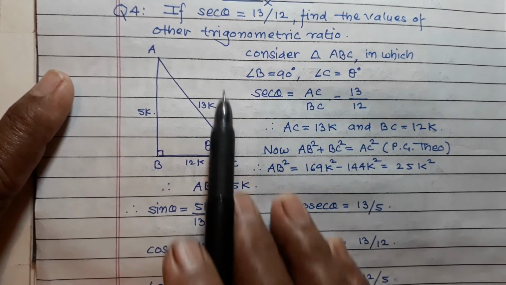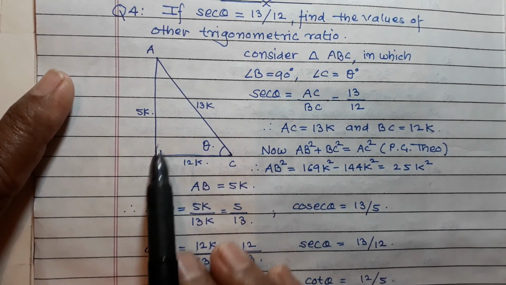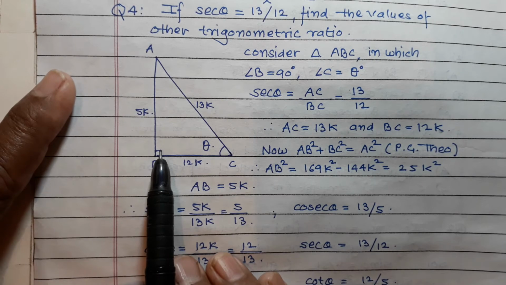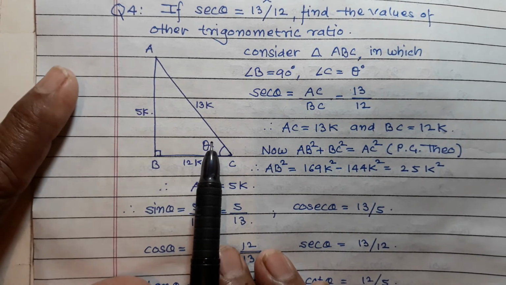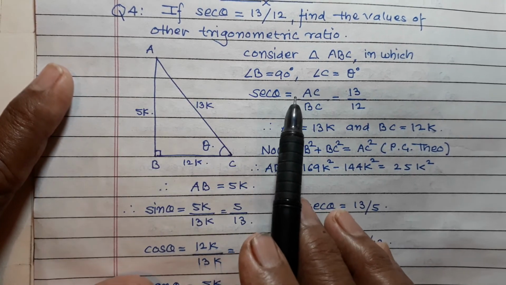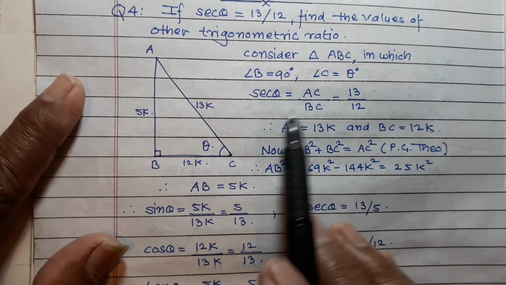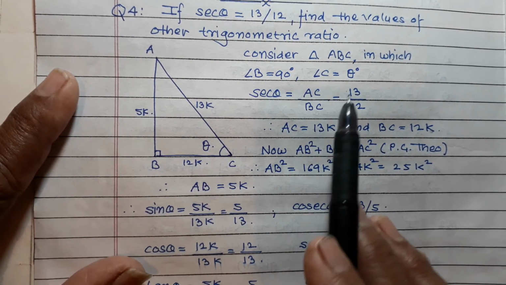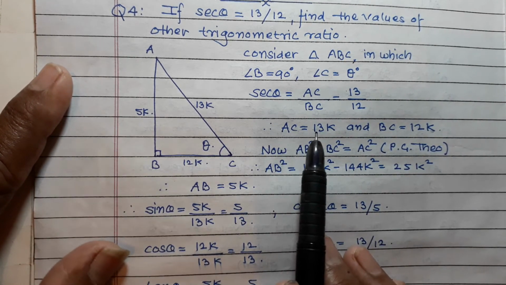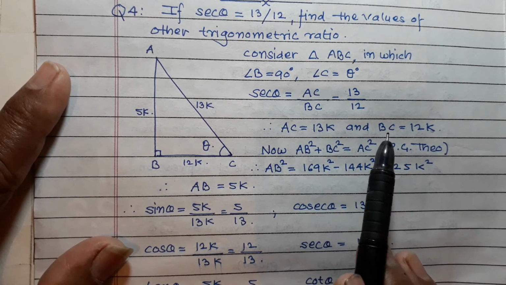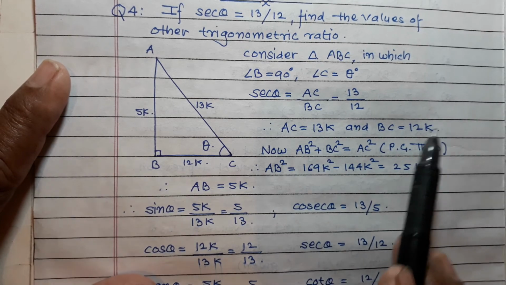Now here use the same method. Okay. Now consider triangle ABC in which angle B is equal to 90, angle C is equal to theta. Now therefore sec theta is equal to hypotenuse upon adjacent side, that is AC upon BC, is equal to 13 upon 12 given, and therefore AC is equal to 13k and BC is equal to 12k, where k is a common multiple.